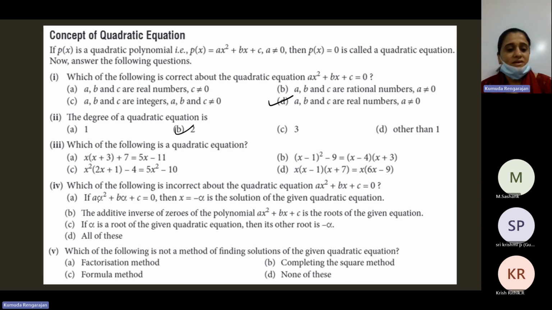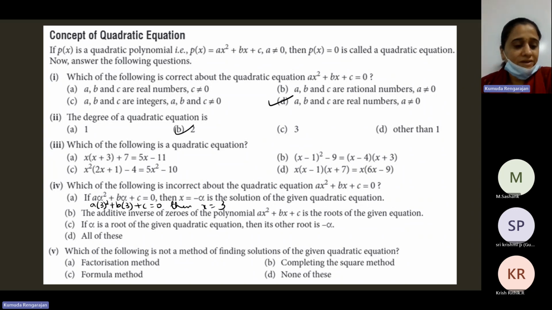Let's understand this better. If a into 3 square plus b into 3 plus c is equal to 0, then x is equal to 3 only is a solution, no? In place of x, you're using the, what are the zeros of a quadratic polynomial? Alpha and beta, right? A quadratic equation, alpha and beta.